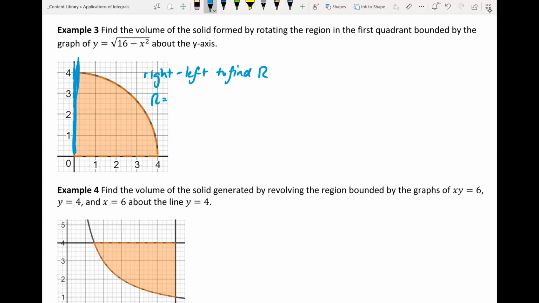Our most right is going to be the root of 16 minus x squared, but we are going to integrate in terms of y, so I'm going to rewrite this as x is equal to the root of 16 minus y squared. That is when you square both sides, move the y squared to the other side, and then square root again.